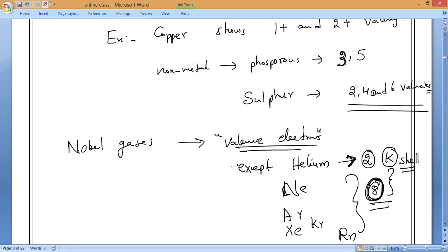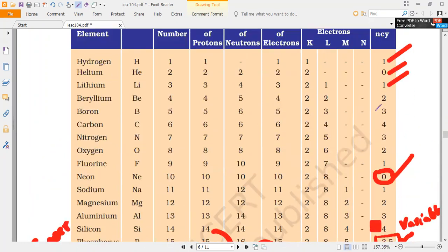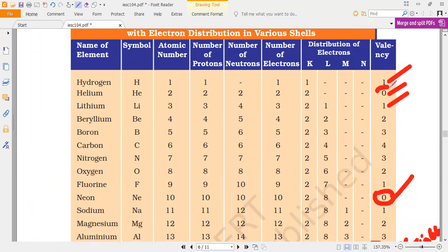So now, go to the tabular column and see again. Somewhere you notice valency is 0. Have you checked it? Argon, what is the valency? 0. Neon, what is the valency of neon? 0. Same way, what is the valency of helium? Check it. 0.